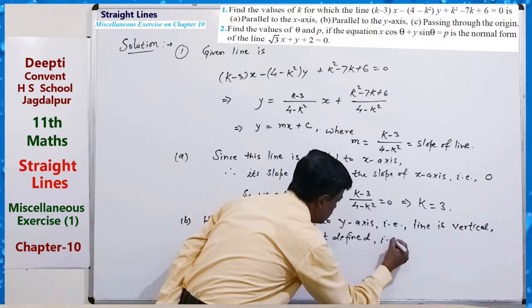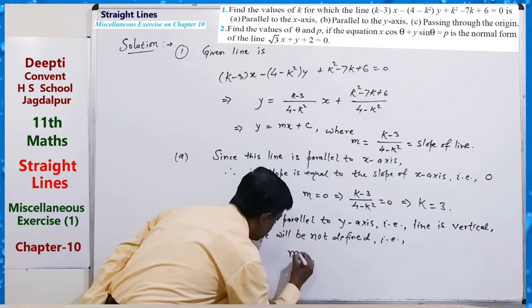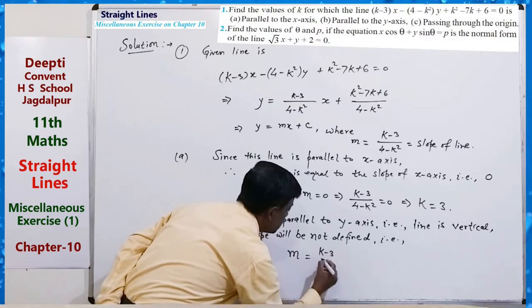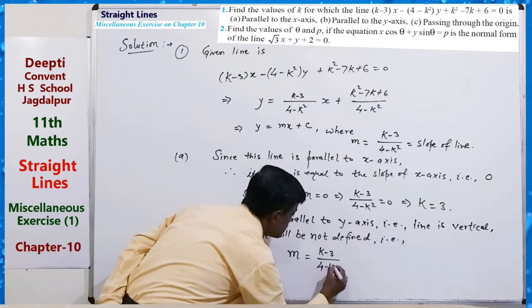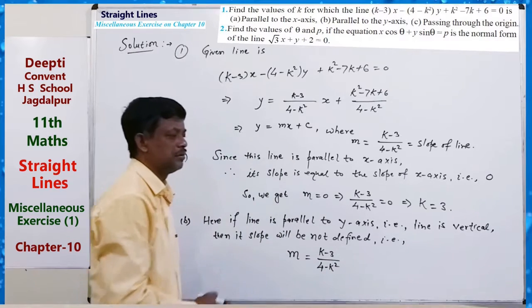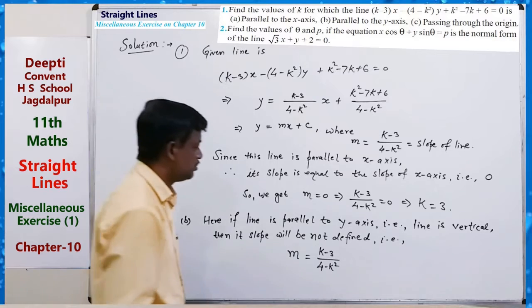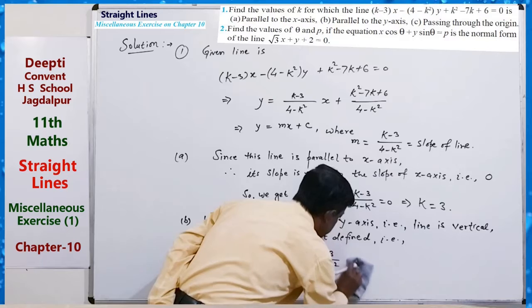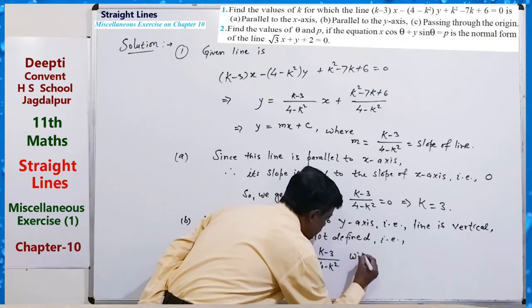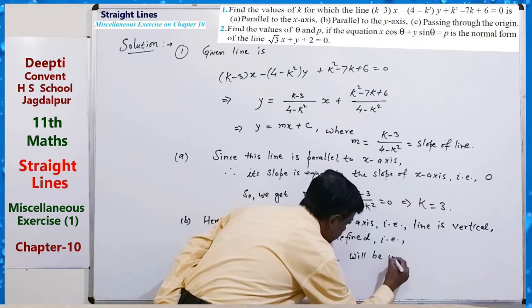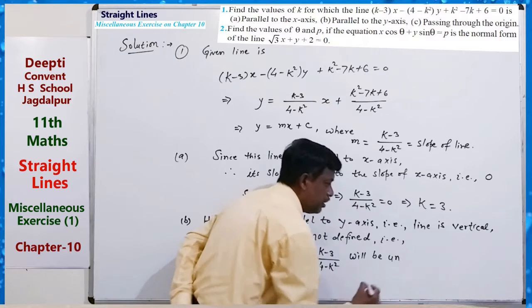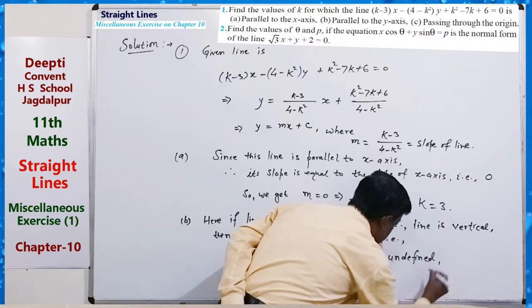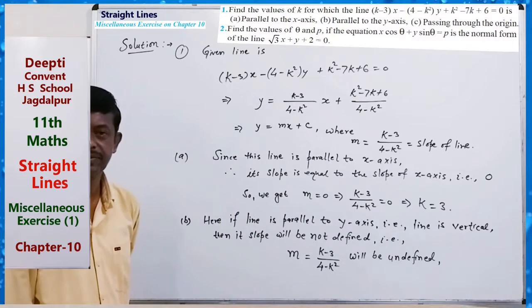That is, m equals k minus 3 upon 4 minus k square will be undefined. Clear?